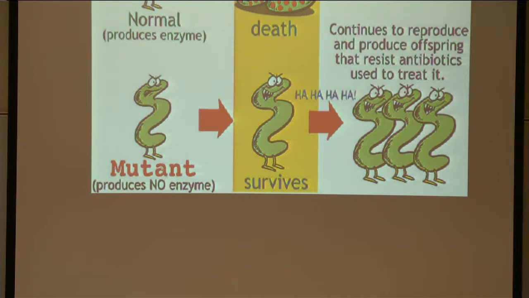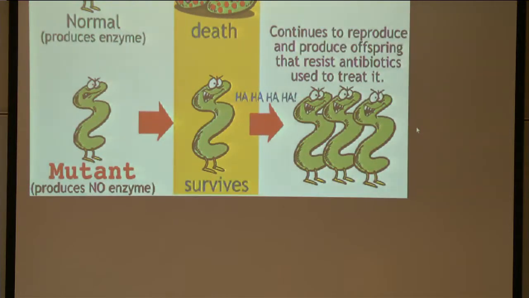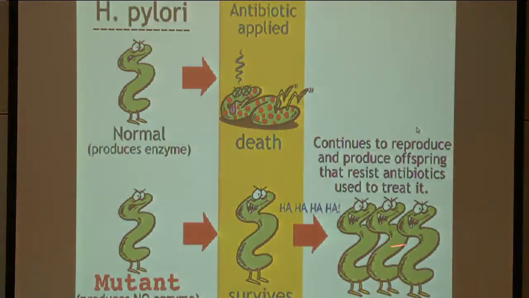And now it doesn't produce the enzyme. Well, you give the antibiotic, and the bacteria is like, it has no effect on me because I don't have that enzyme, so the drug is useless. And now this bacteria just keeps on multiplying, and now they all are resistant because none of them have that enzyme. Okay, so again, natural selection at play here. And of course, they can take that resistant information and send it along to other bacteria to make them resistant too.